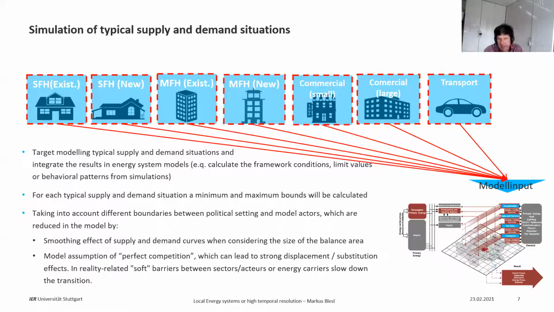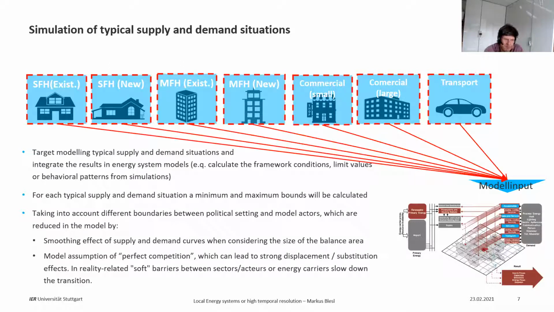This approach takes into account that the different model actors have different boundaries, different effects, and different considerations to the balance area. With this approach, we avoid the model assumption of only perfect competition.